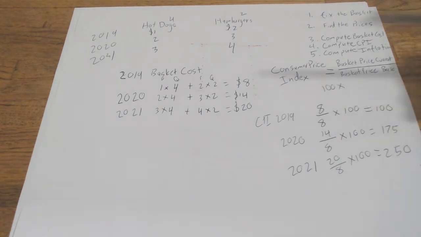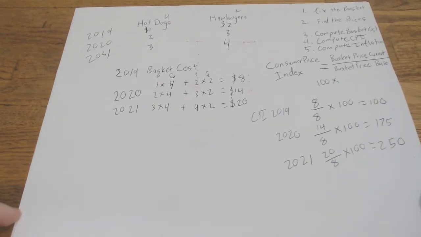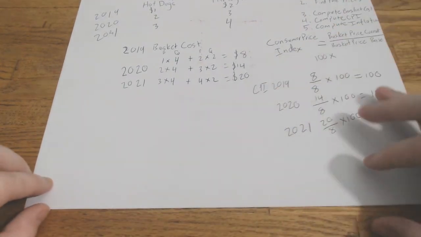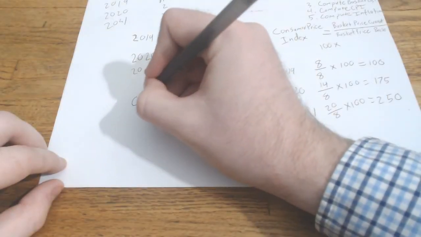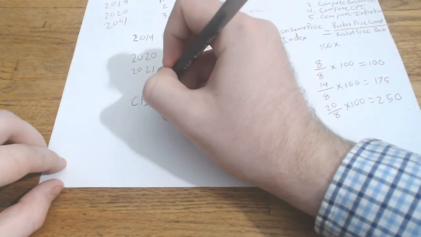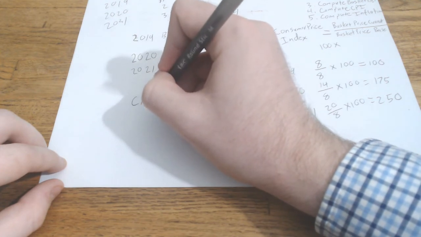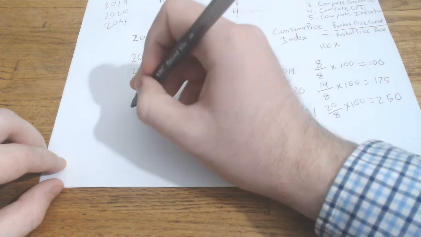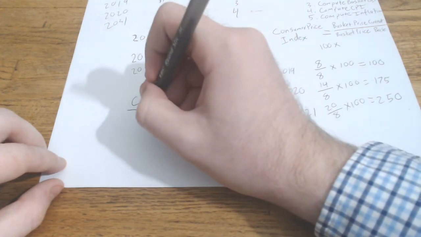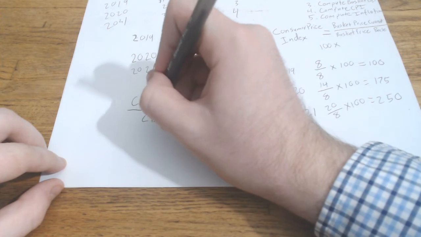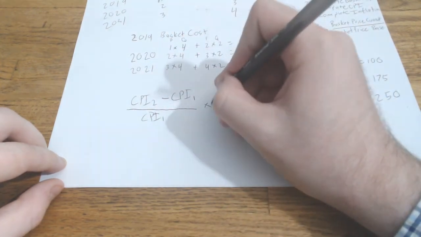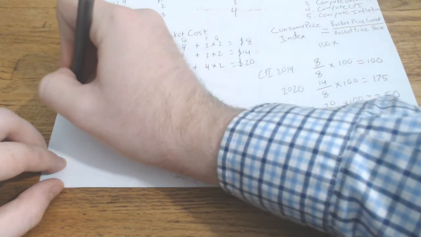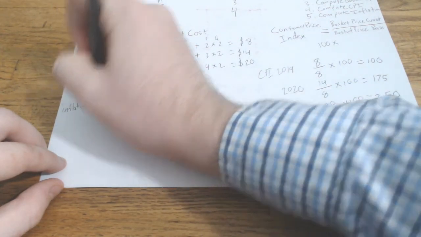We don't have any previous year, but it's going to be exactly how we did it with the GDP deflator. So it's going to be CPI in year 2 minus CPI in year 1 divided by CPI in year 1 times 100. This will give us the inflation rate of year 2.